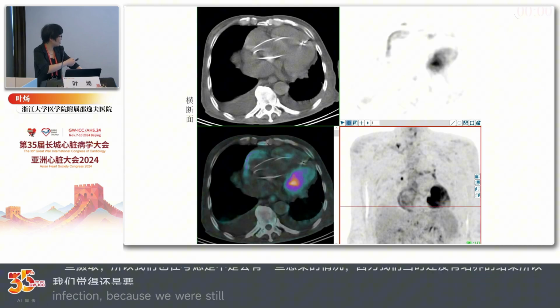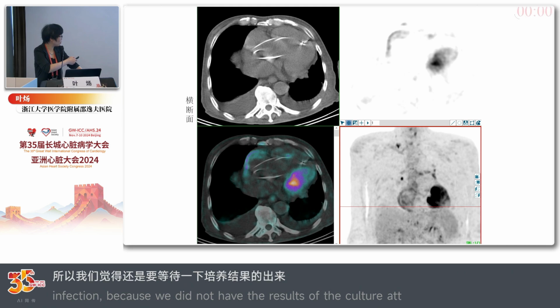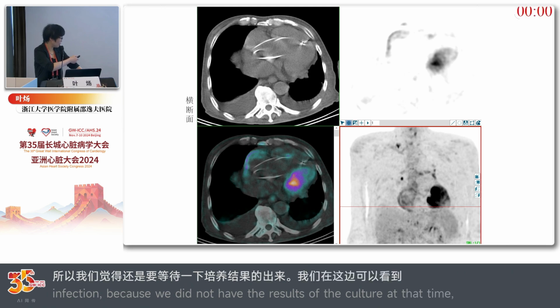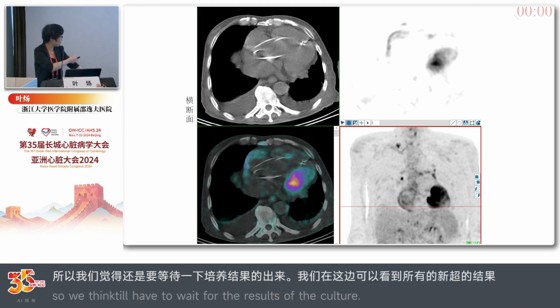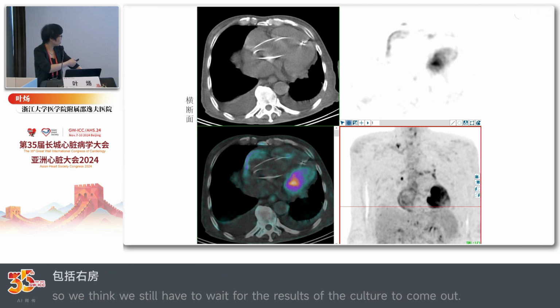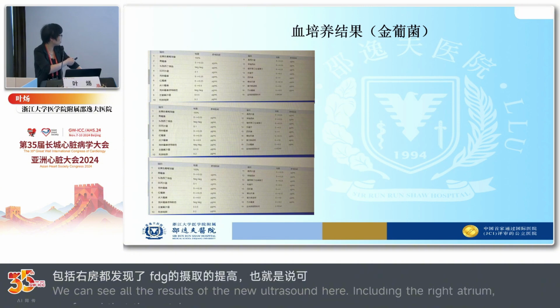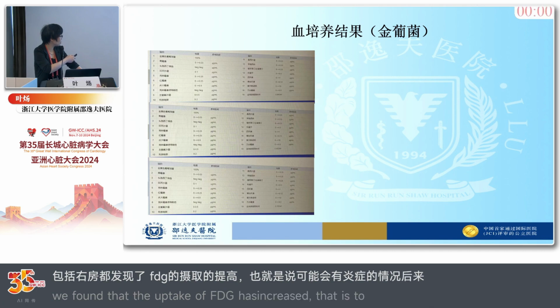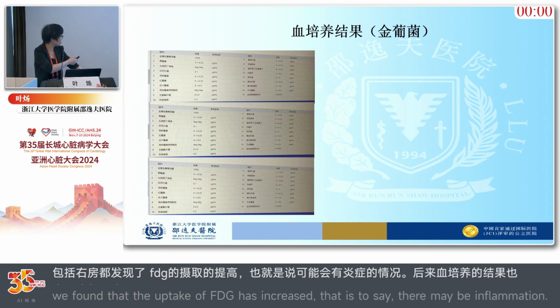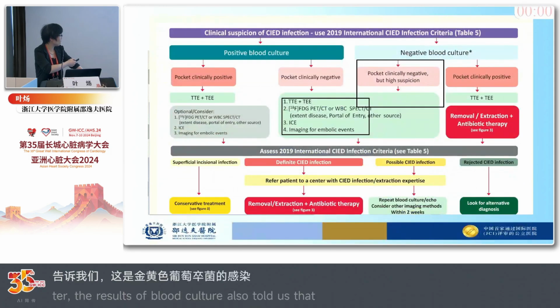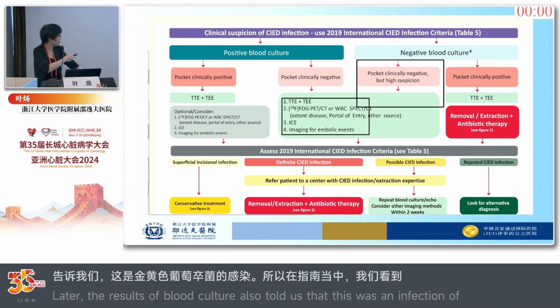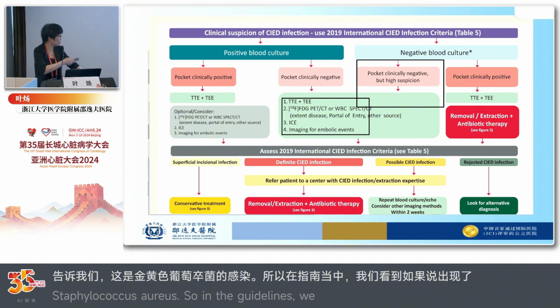But you see here, almost all the apical cardiac, the left and right atrial, there is uptake of the FDG. So it means inflammation, and the culture result showed it is positive. So from this guideline, the FDG and also the positive blood culture mean the patient has to have all the leads removed.